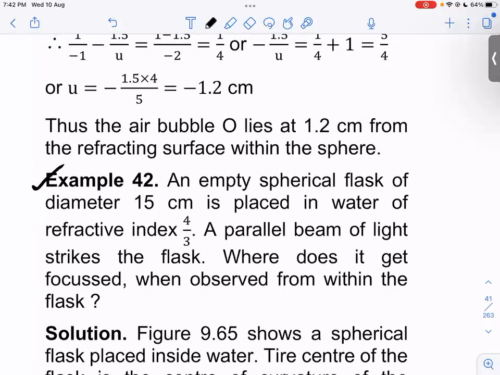So example 442. An empty spherical flask of diameter 50 centimeter is placed in water of refractive index 4/3. A parallel beam of light strikes the flask. Where does it get focused when observed from within the flask? So read the question carefully, and we get the answer.